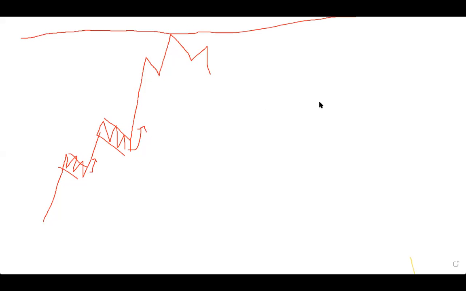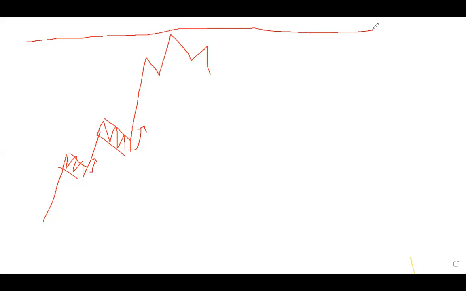Sorry, let me try to draw that again precisely. This is a computer, guys, so sometimes you might not get it very correctly. So we say that's where you find heads and shoulders. This is your head, your left shoulder, and your right shoulder.